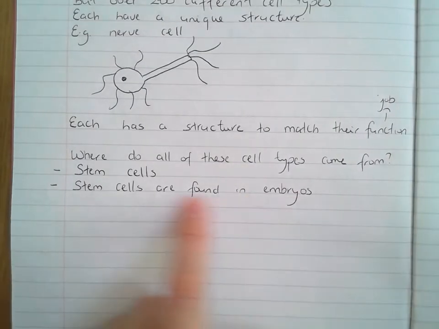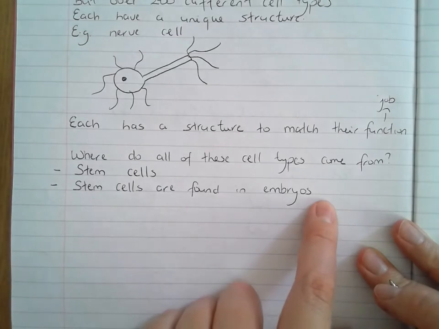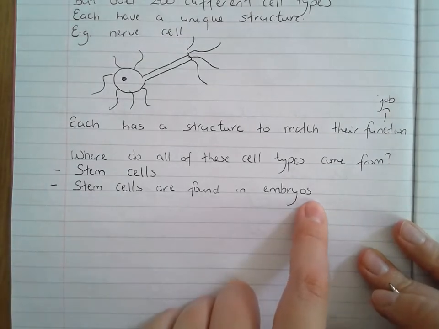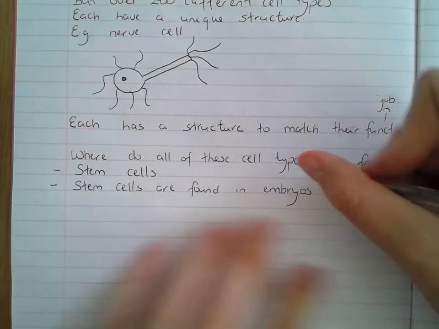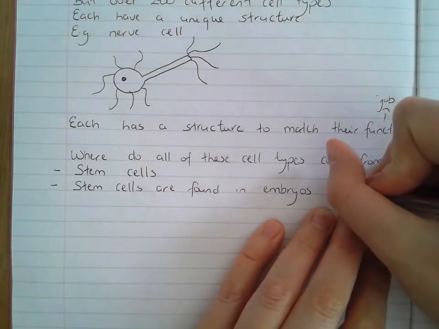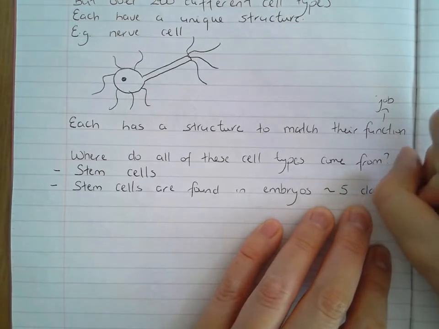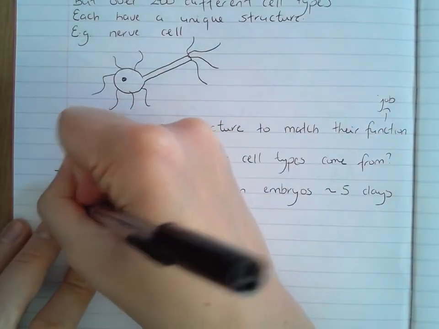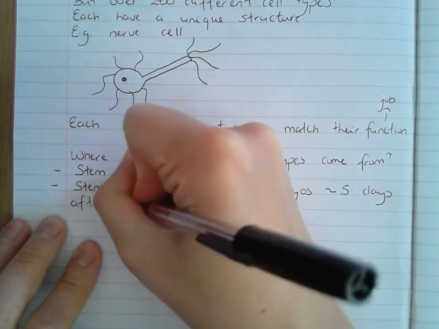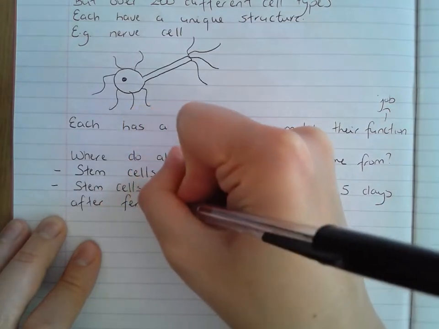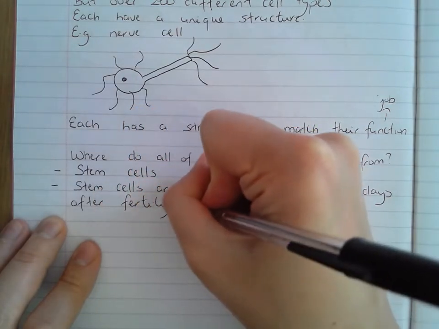We're just going to remind ourselves that we're finding these stem cells in embryos at around 5 to 8 days after fertilization.